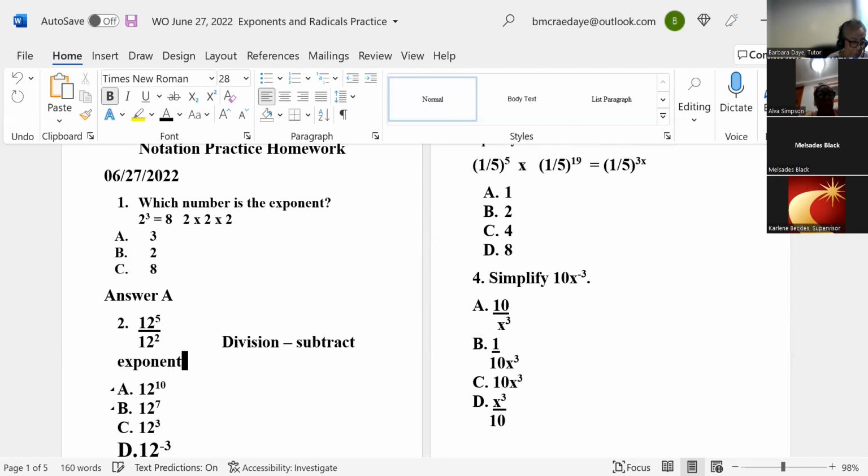So you subtract the exponent of your denominator from the exponent of your numerator. So this would become 12 to what power, Alva? To the 3rd power. That's right, excellent, because it's 5 minus 2, and that's equal to 12 to the 3rd power.